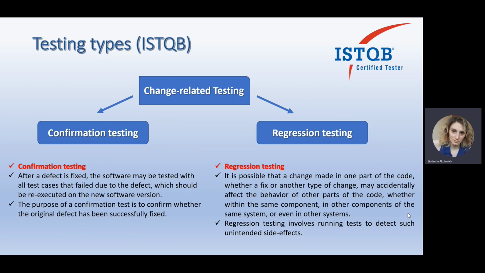So change-related testing in ISTQB is devoted to confirmation testing and regression testing. Confirmation testing is always held when a defect was fixed. The purpose of the confirmation test is to confirm that the originally found defect has been successfully corrected. Confirmation testing is usually one, two or three test cases, the steps to reproduce this previously found defect.